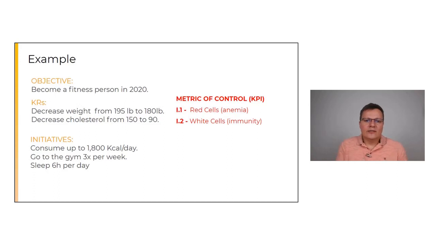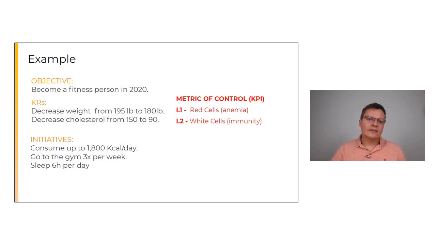And I was losing so much weight that I was becoming anemic, and I was not controlling this. And it's very common in some companies. They pursue an objective, they focus only on the KRs, and they forget to control what is already healthy or under control.